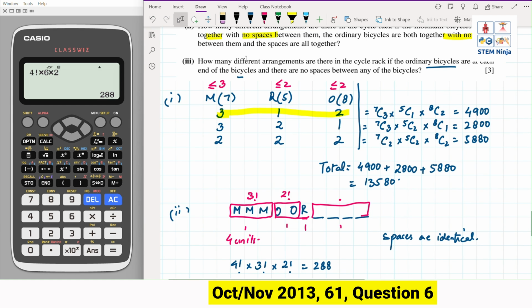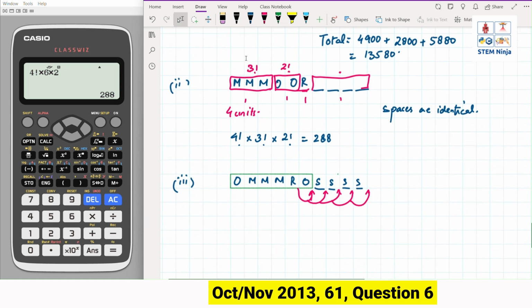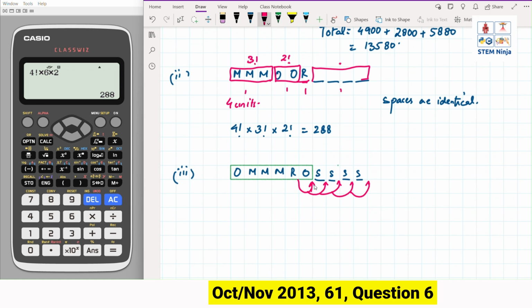Okay, so there are no spaces in between the bicycles, but that doesn't mean that we cannot place the entire unit in between the spaces. So as you can see, we have 5 places for the unit for bicycles, and then we have O and O, the ordinary bicycles.